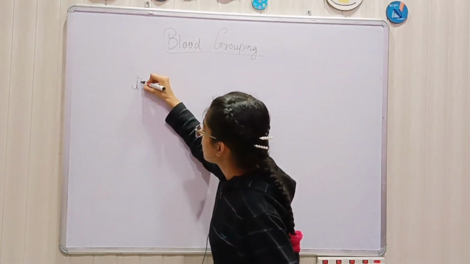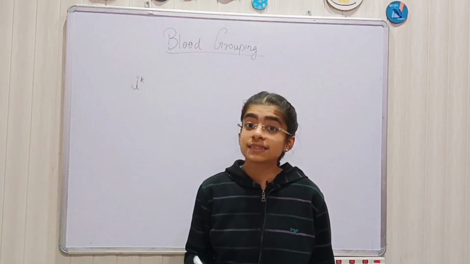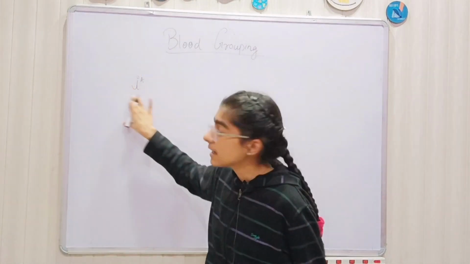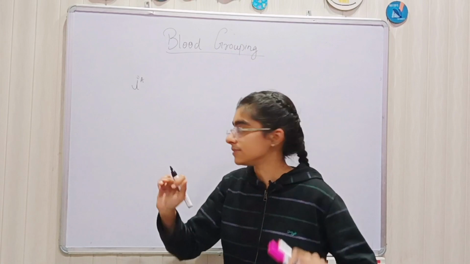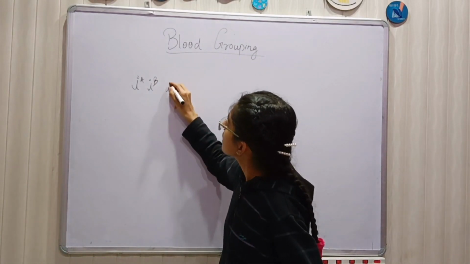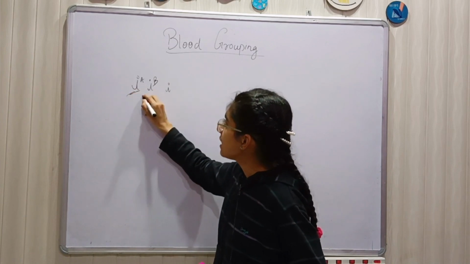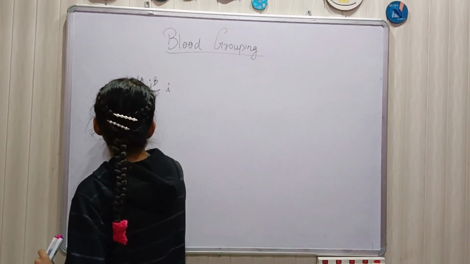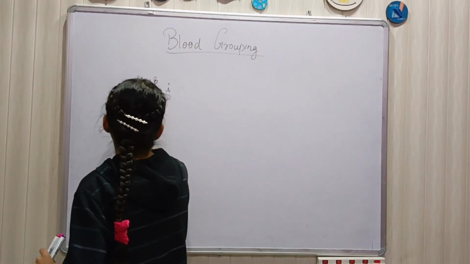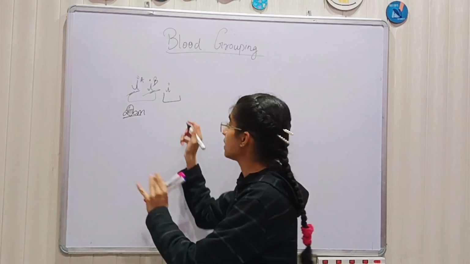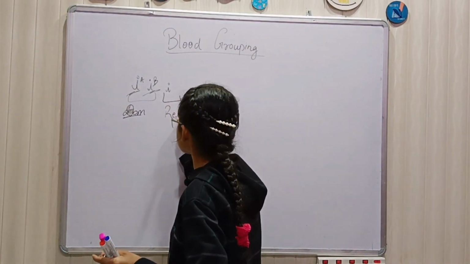If I write A above, that implies antigen A, that is the trait of A blood group, right? Then I have IB and a simple I. So IA and IB both are dominant, and this simple I, without A or B, is recessive.